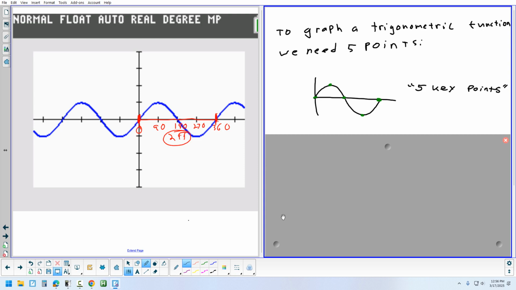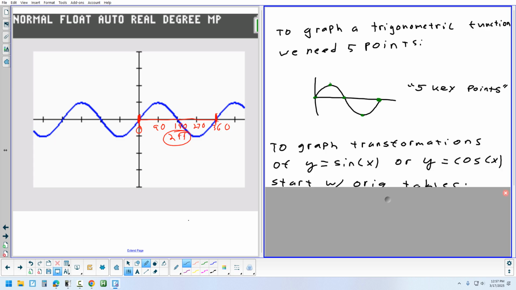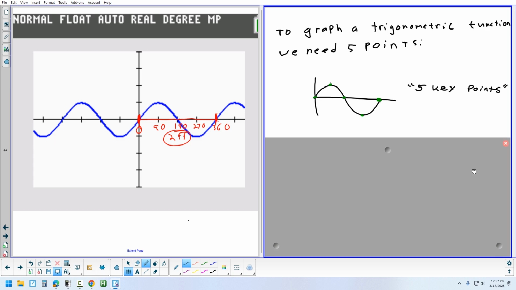I call them the 5 key coordinates, or the 5 important coordinates. You've got the beginning and the end. You've got the middle, the high, and the low. That gives you a pretty good picture. You can do more than 5 points. You can't really do less. And we're always just going to stick with 5. Any question on that?